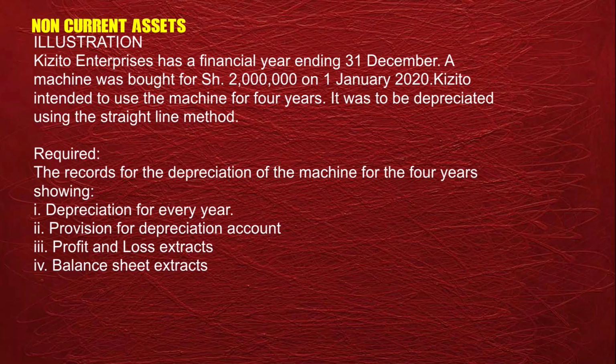Required: the records for the depreciation of the machine for the 4 years showing 1. Depreciation for every year. 2. Provision for depreciation account. 3. Profit and loss extracts. 4. Balance sheet extracts.